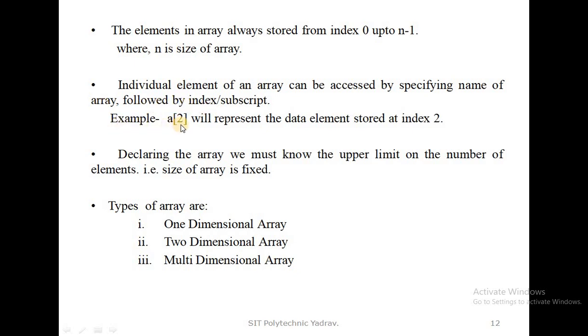For example, a[2] will represent the data element stored at index 2, meaning 0, 1, 2, the element stored at index 2 is displayed. When declaring the array, we must know the upper limit of the number of elements, that is, the size of the array is fixed. When we declare any array, we already know the maximum limit of elements to be stored.